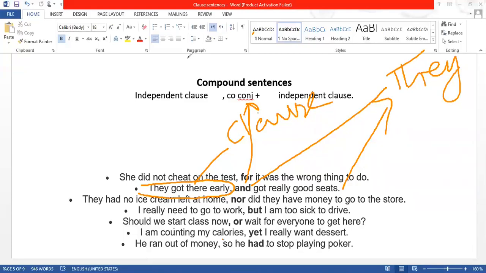Now you were very much right when you said that if you just pick this one, this phrase, it is a phrase, but it is working here as a clause because we already know that we are talking about they. As the stylist says, a word is known by the company it keeps.